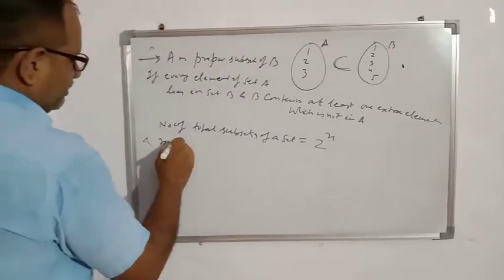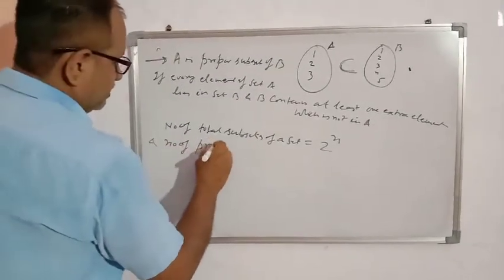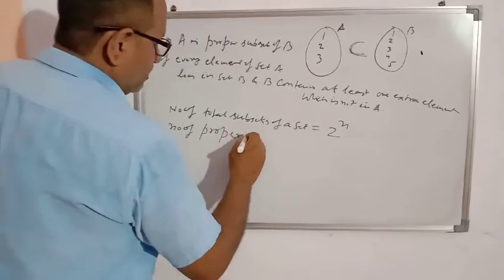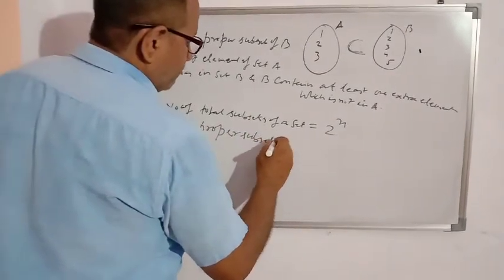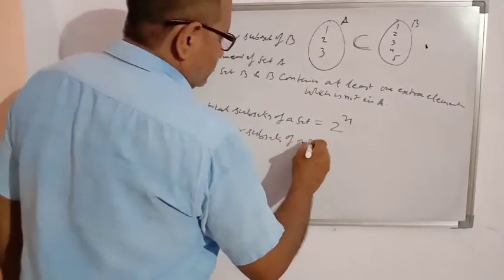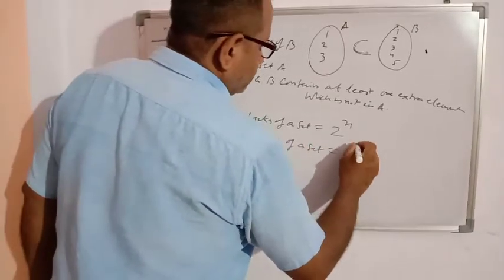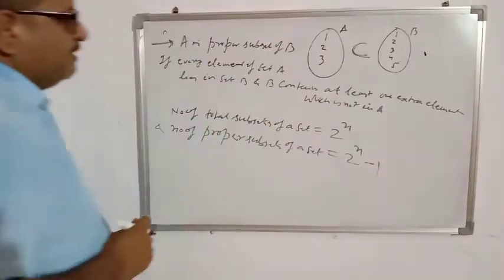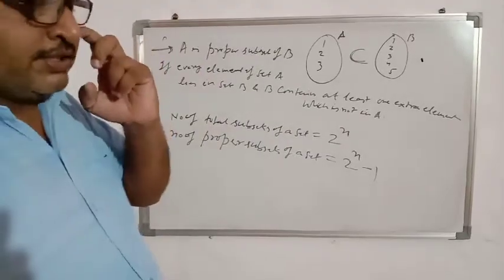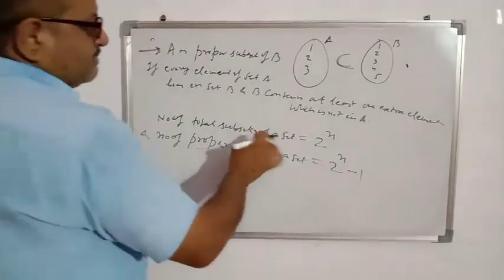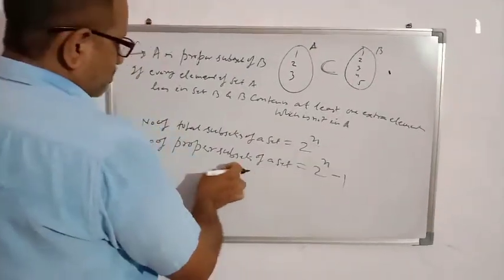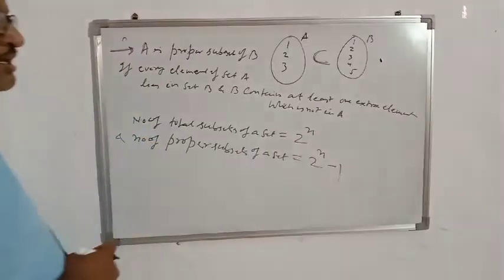The number of proper subsets of a set will be 2 to the power n minus 1, 1 less than total subsets. So if total subsets of a set is 8, then the total number of proper subsets will be 8 minus 1, 7.